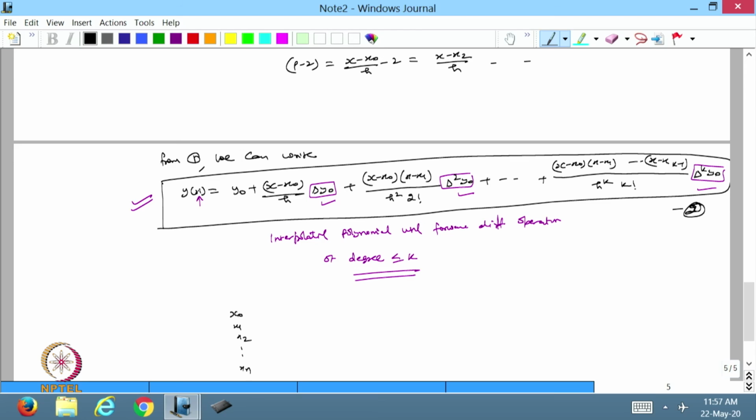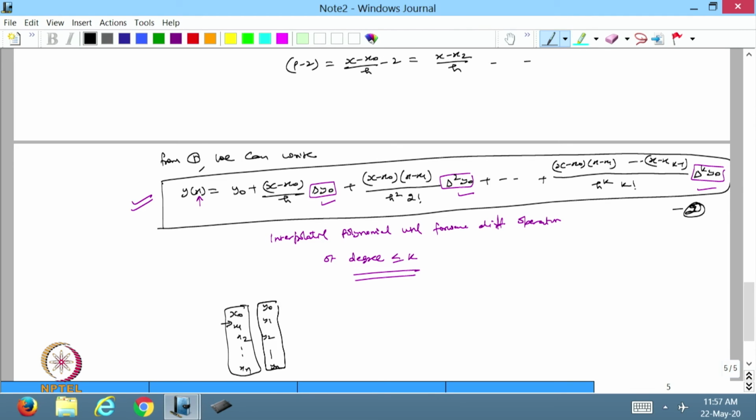at some x, and x is lying somewhere here, because in that case I can use all these values. So, this is the x0. Similarly, I have values y0, y1, y2 up to yn.